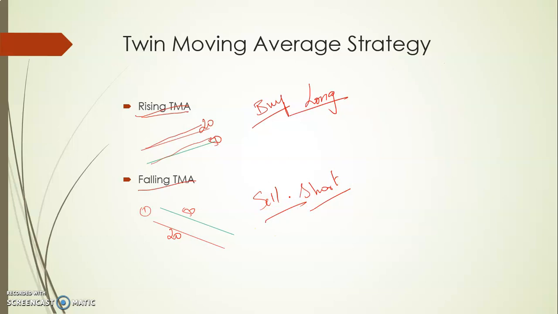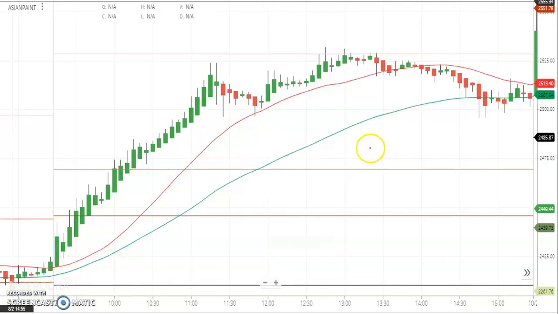Now we'll see the strategy with examples, and then we can see what the traps are which we should be very careful about and avoid while trading. So guys, as you can see, ignore the previous day trend, just check the current day trend. That is the most important thing you have to follow.